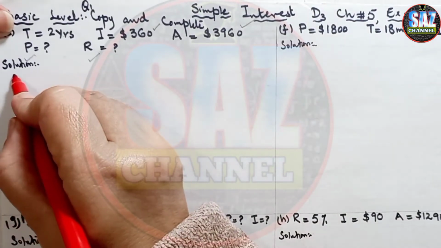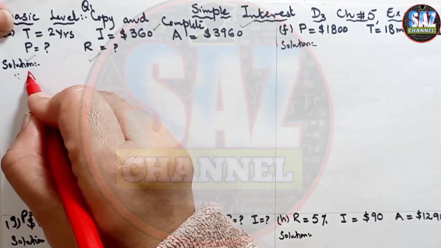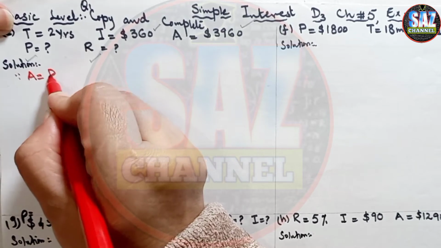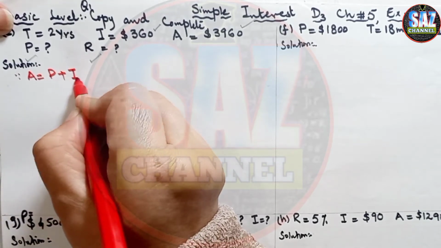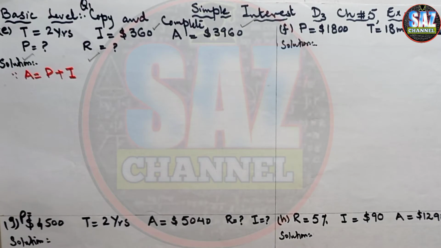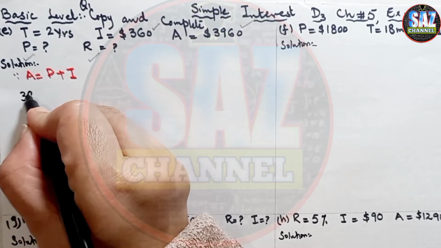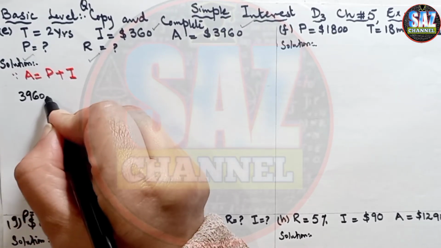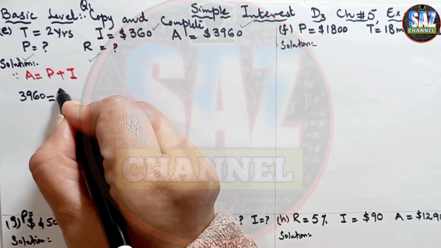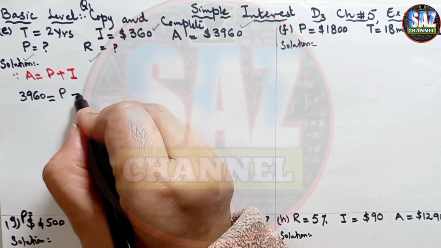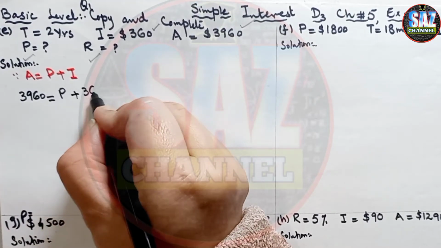So first of all, we have to use the formula of amount and find the principal amount. Because amount equals principal plus interest, instead of amount I have to replace 3960 equals principal, which is unknown, plus interest, which is 360.